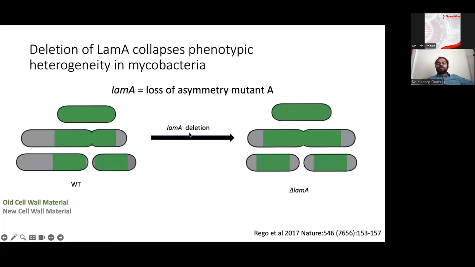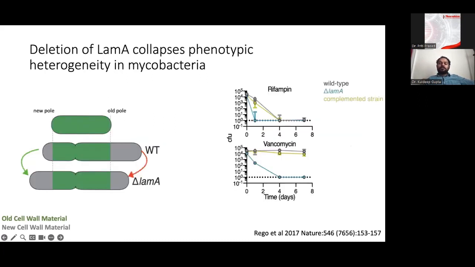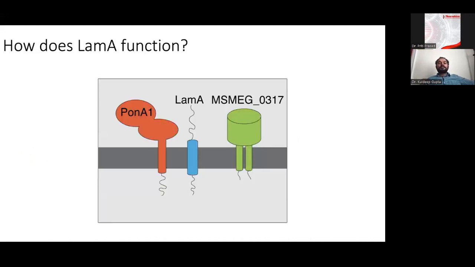A LamA knockout mycobacteria gives rise to daughter cells of the same length, and more noticeably, their sensitivity to all the drugs is the same, which makes targeting LamA a very suitable candidate for drug discovery. But we do not know how LamA functions, how it determines or controls the asymmetric growth.